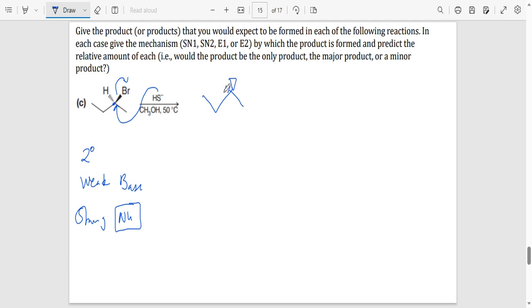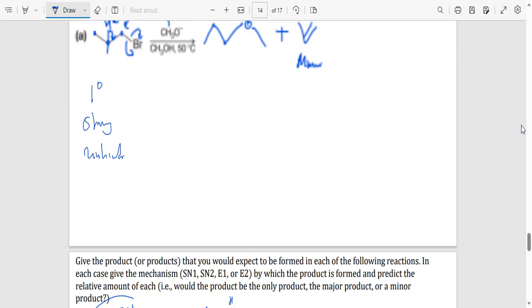Now the only thing is that for an SN2 reaction, there's going to be a reversal of stereochemistry. So this Br has been removed. The hydrogen is going to come at this position, and then this other group which is coming is going to attach at this position. So we can see this is position number 1, number 2, number 3. This was S. The product is supposed to be R.